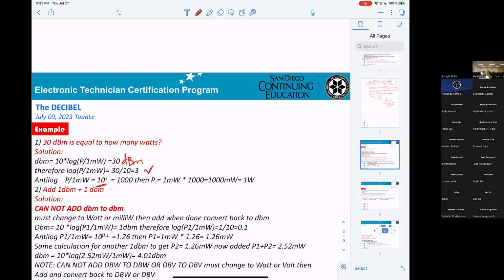So P over 1 milliwatt equals 1,000. That tells you P equals 1 milliwatt times 1,000. You get 1,000 milliwatts, or the answer is 1 watt.